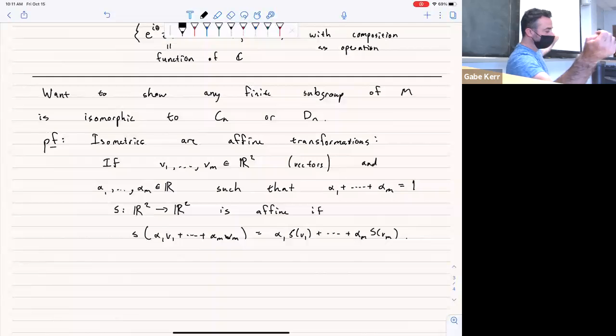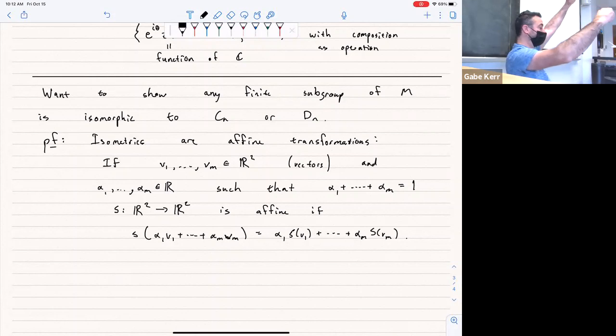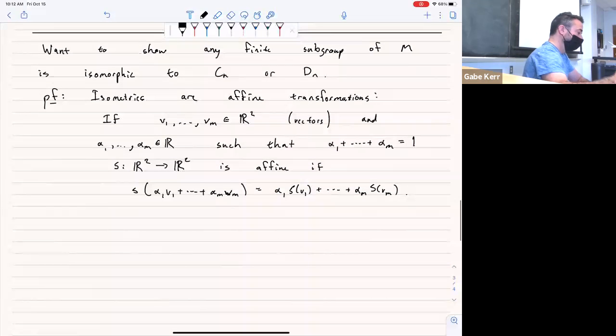An affine transformation preserves that operation. These combinations are like drawing a line: take 2 points in the plane and consider all of the affine linear combinations such that alpha 1 plus alpha 2 equals 1, and you get the line between those 2 points. So an isometry should preserve lines, and this is a natural thing.